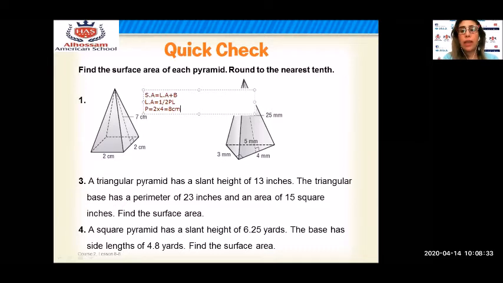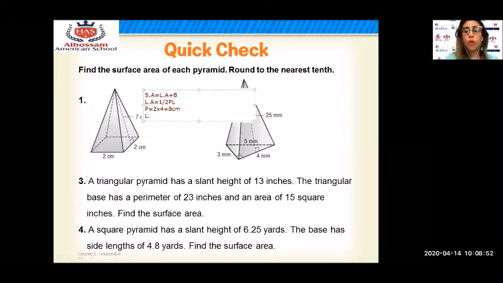And what is the L? It refers to the height of the pyramid itself, the slant height, which is 7. So first find LA. To not get confused, guys, follow the steps one by one.